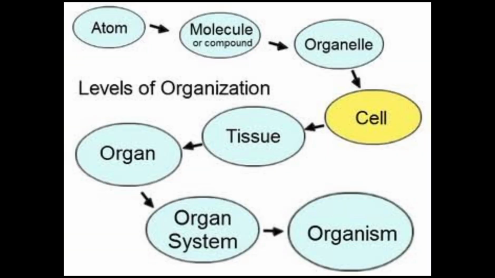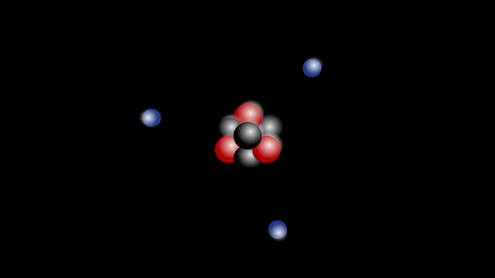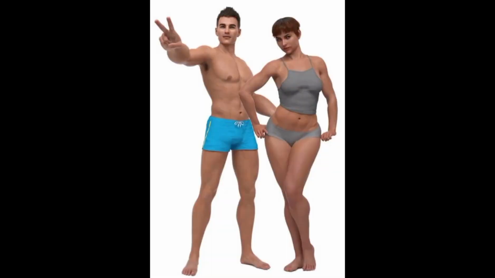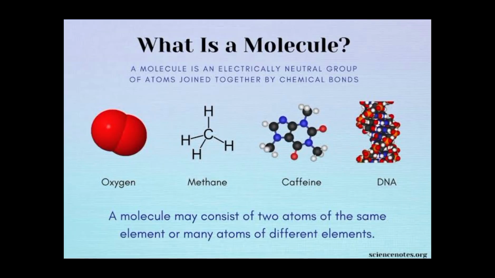Now, let's go to the organization of the body. The human body is organized in a hierarchy ranging from the very simple, a microscopic atom, to the very complex, a human being. Atoms link together to form molecules.